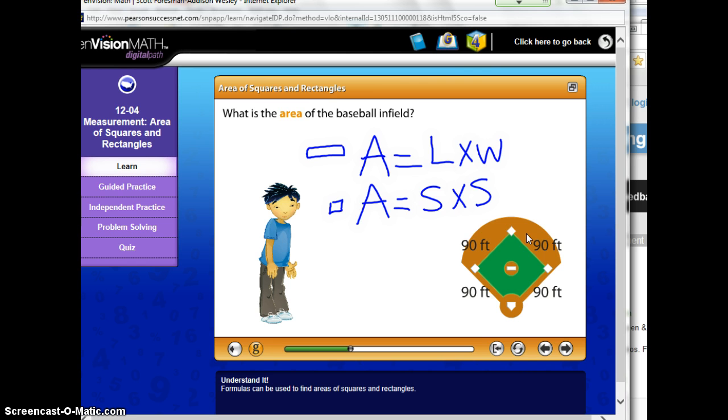Aaron? 1,800. So here's what she did. She took 90 feet times 90 feet, and she got 1,800 feet. Now, there's some other little teeny symbol you have to add into your answer today.